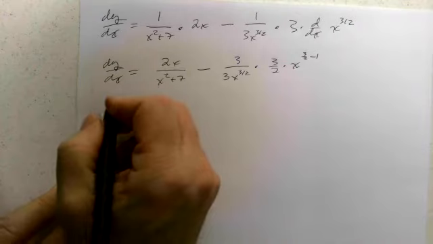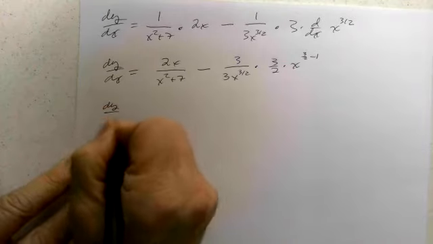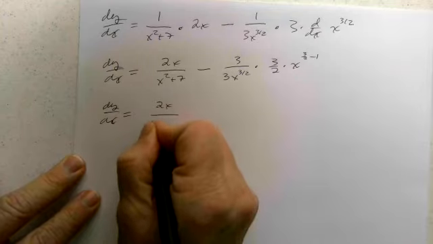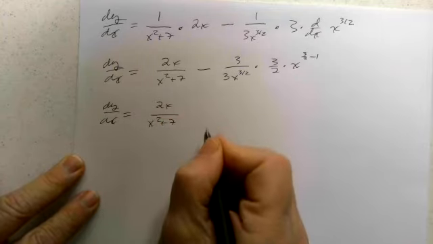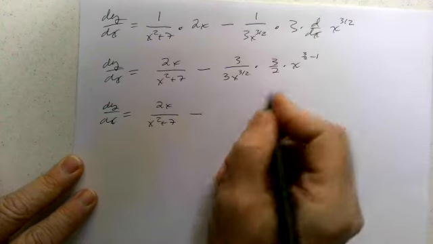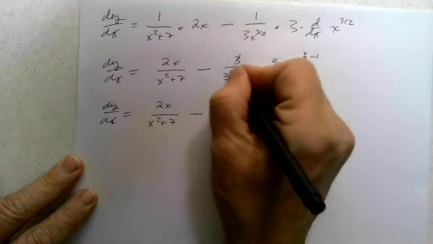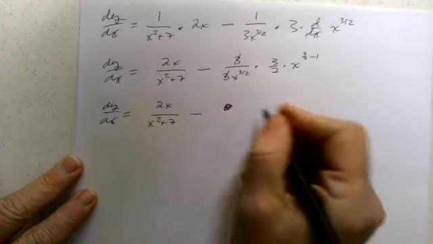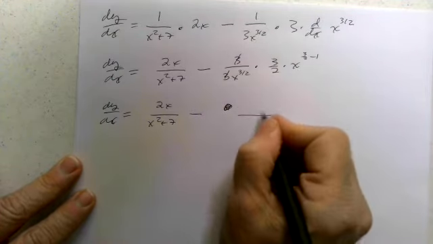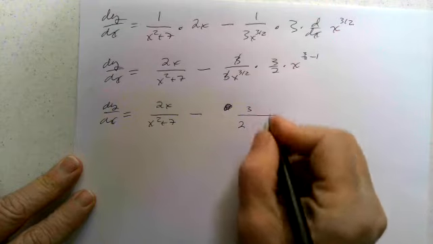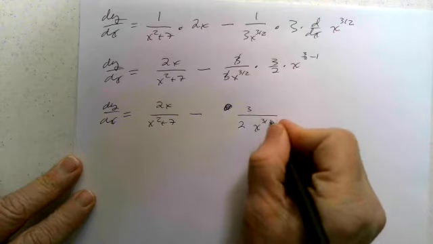And now we are at saying dy dx equals 2x over x squared plus 7 minus upstairs 9. Well, actually, no, because the 3's divide out. So upstairs 3, downstairs 2, x to the 3/2 downstairs for now.